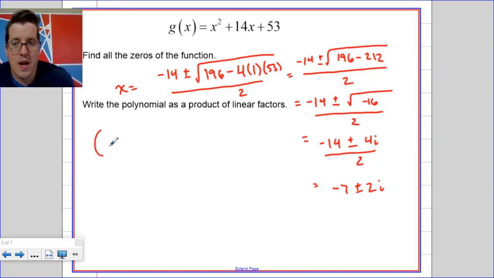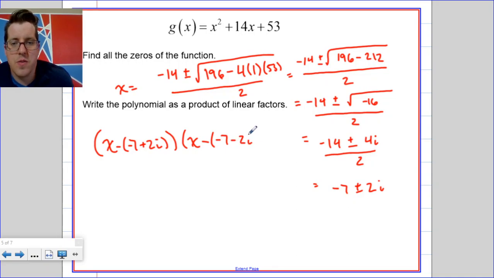You just do x minus one of the zeros and x minus the other zero.